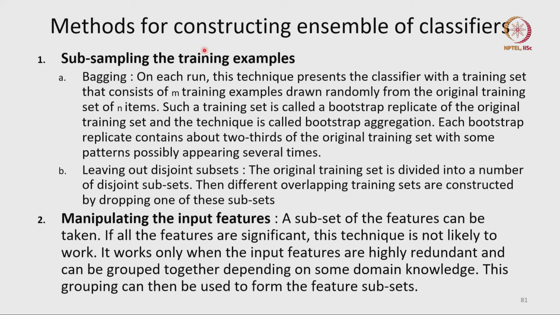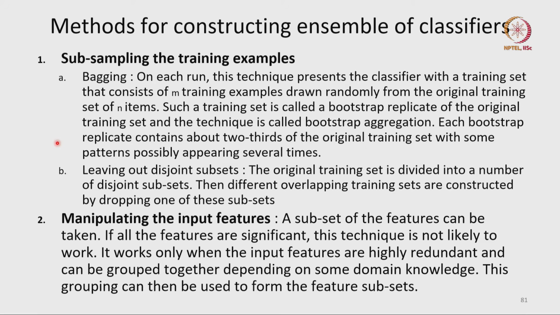Let us see what different methods you can use to construct your ensemble. Obviously, you want some variation so that you get different hypotheses being created. One way is by subsampling the training examples.